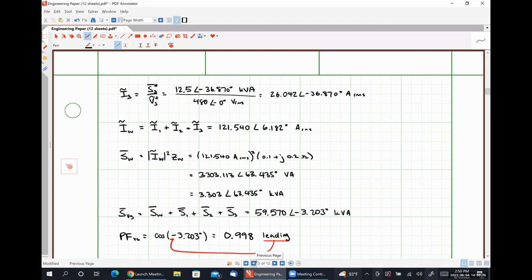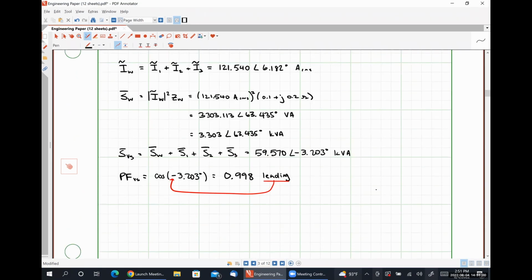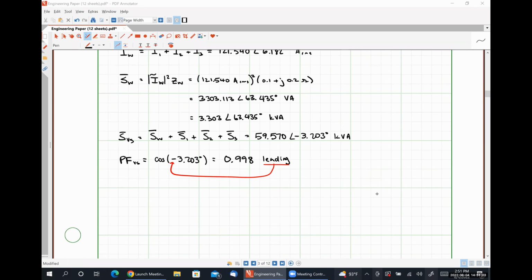So we were asked to find the power factor at which our voltage source is supplying power. So we calculated the amount of complex power that our voltage source is supplying. And then we used the angle of that complex power to determine our power factor, okay? Because the angle was negative, we had a leading power factor.